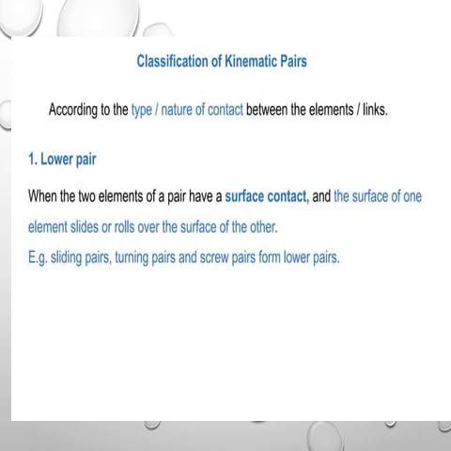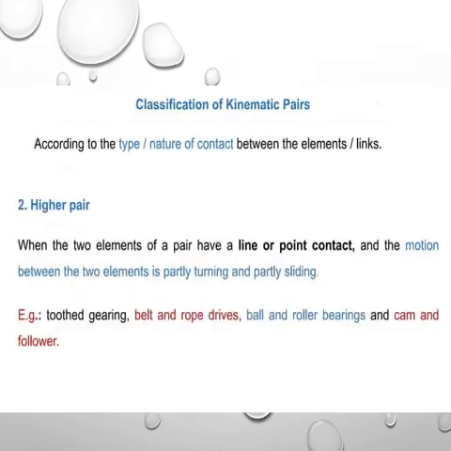According to the nature of contact, the first one is the lower pair. When the two elements of a pair have surface contact and the surface of one element slides or rolls over the other surface, it is known as a lower pair, for example screw pair, turning pair, etc.